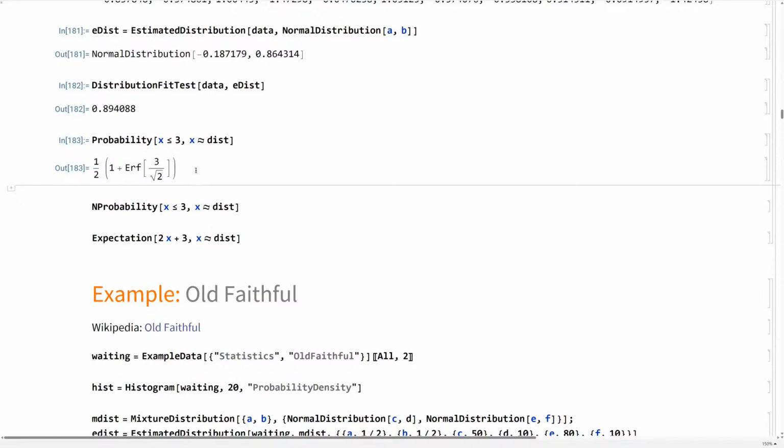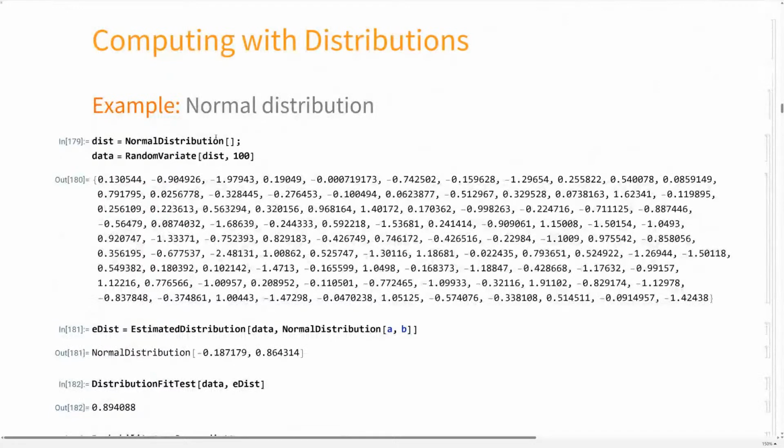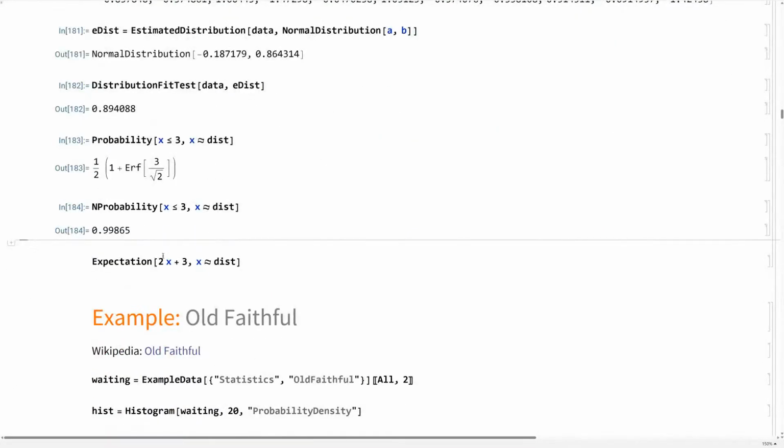It gives us a symbolic representation of the probability. We can also ask for the numerical result, which is a 99.8% chance that x smaller than 3 is on this distribution, which totally makes sense for a normal distribution with mean 0 and standard deviation 1.